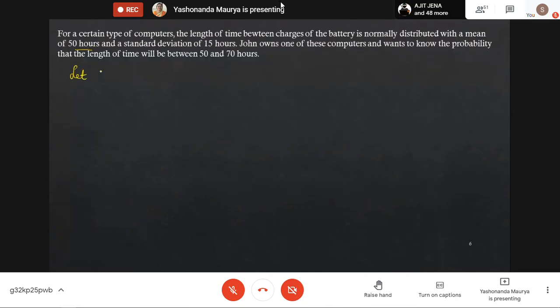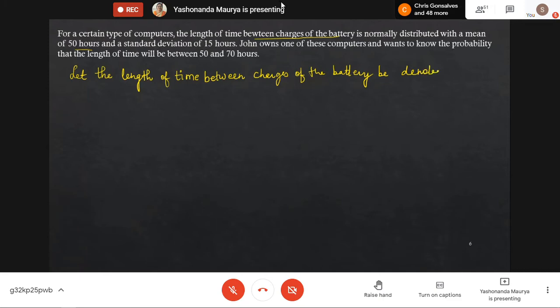Now we'll take that. Let the length of time between charges of the battery be denoted by x.